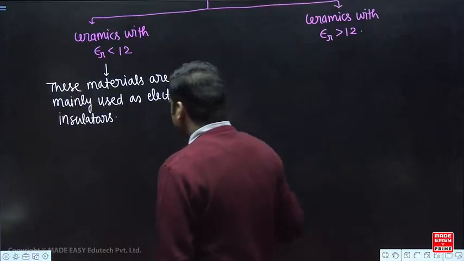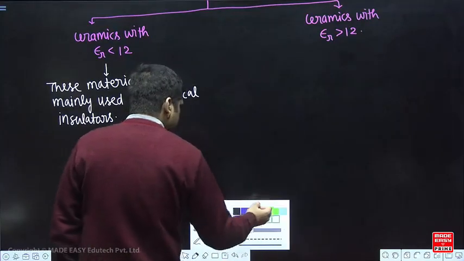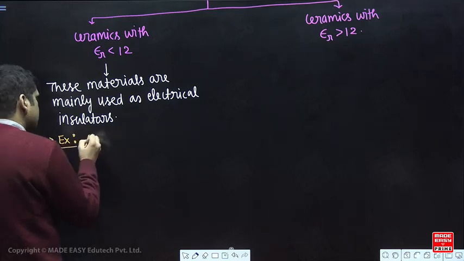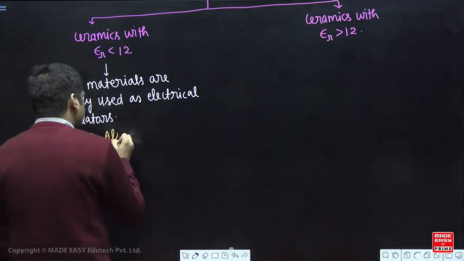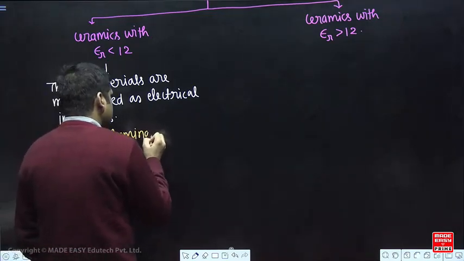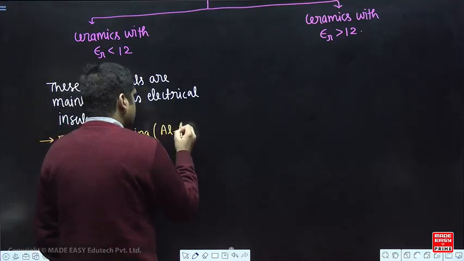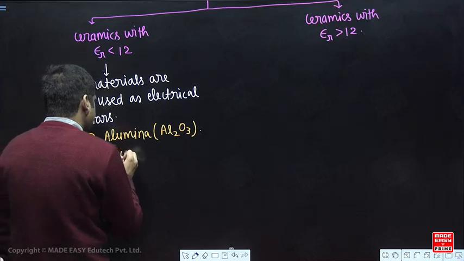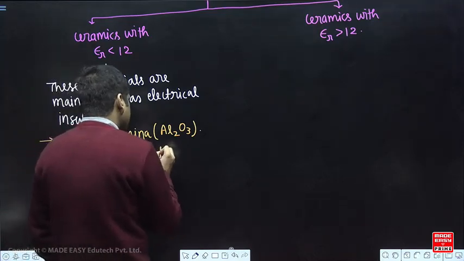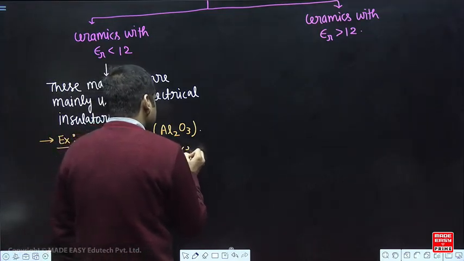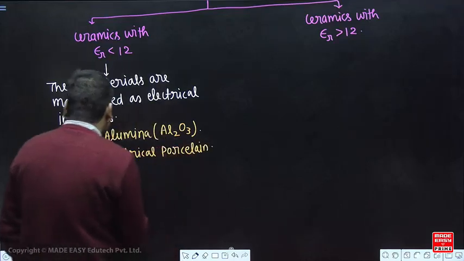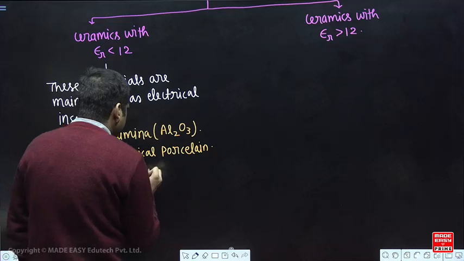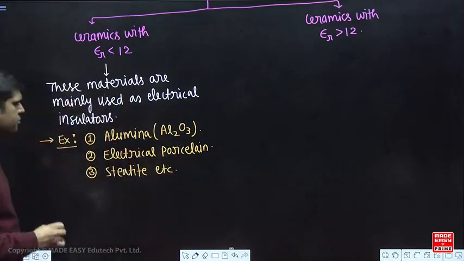Some of the popular examples are: first example is alumina, that is Al2O3. Second material is electrical porcelain, that is known as China clay. Third one is steatite. It is basically the talcum powder which you use to look beautiful.